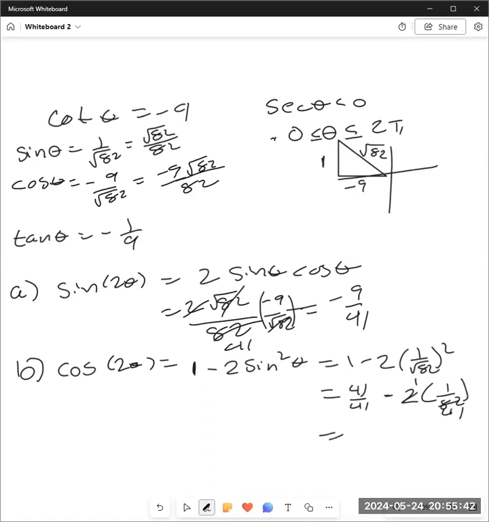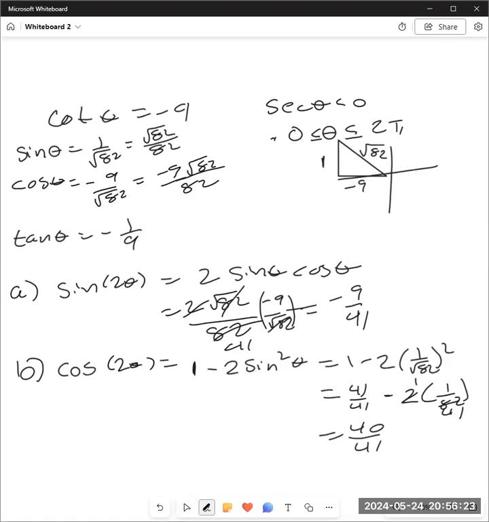So 41 minus 1 is 40 over 41. Yeah, they didn't reduce that.